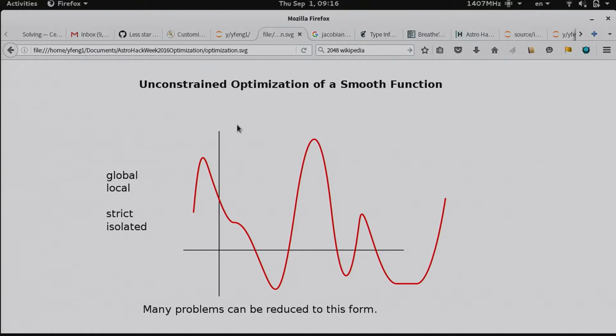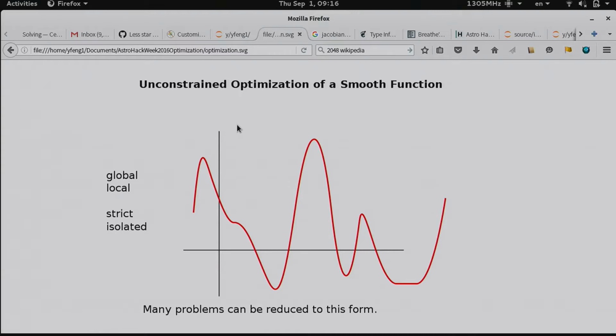Think about, well, maybe the ground state energy is not really one of those, but at least the least square problems. There are many types of minimums. I've drawn an example; the red line here is one of these functions. Obviously there is one global minimum almost on the center left, and then there are several local minimums.